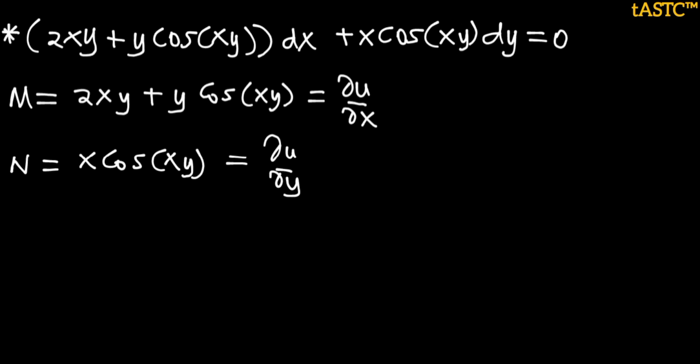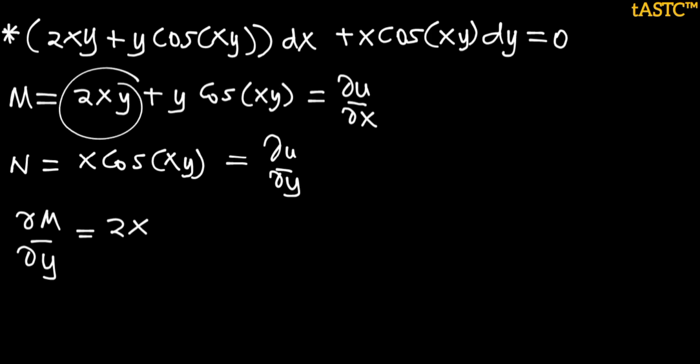So we need to differentiate each of them. The first one, that is M with respect to y. If I differentiate this with respect to y, that is obviously going to leave me with 2x. Next up, I got this part, which is different from the one here.